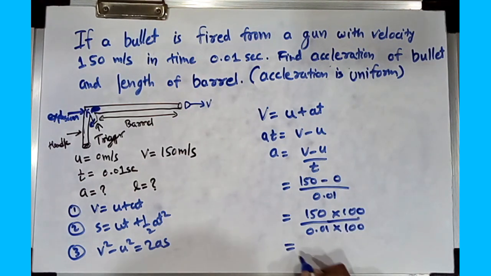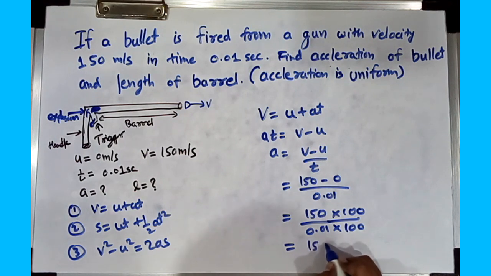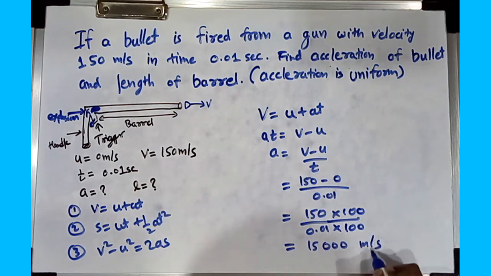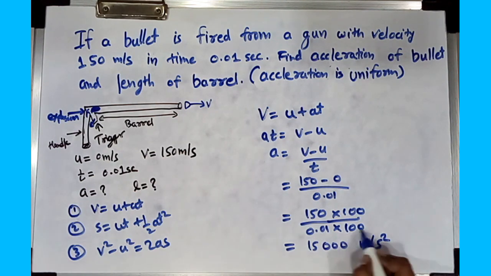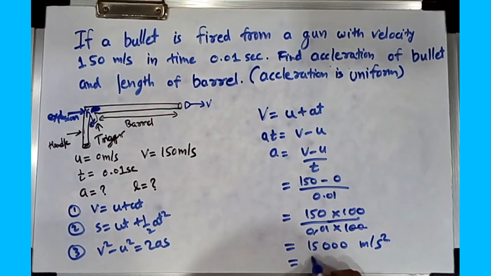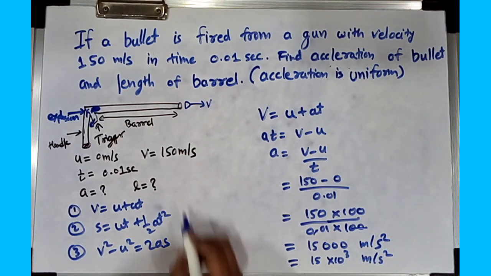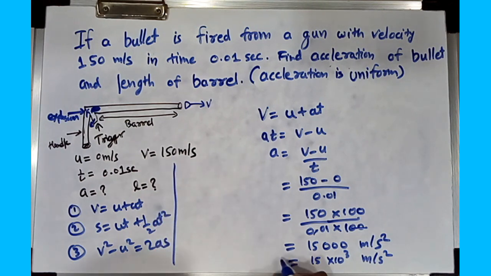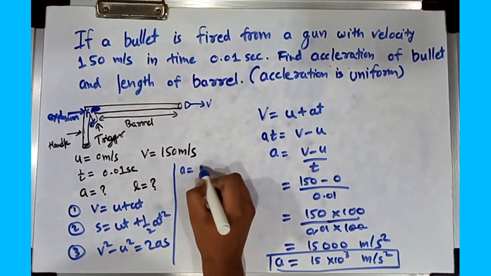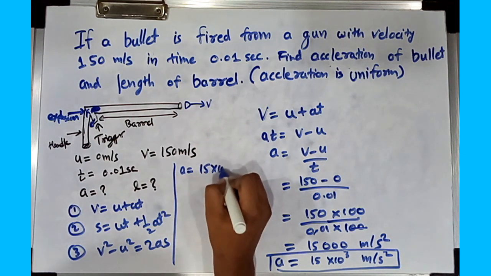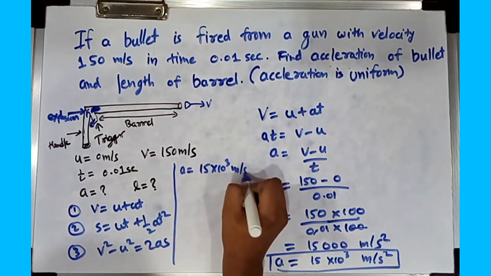So we will get 15000 meters per second square, and these double zeros are cancelled by the point, or we can write it as 15 into 10 raised to 3 meters per second square. So we will copy this value as the acceleration: a is equal to 15 into 10 raised to 3 meters per second square.